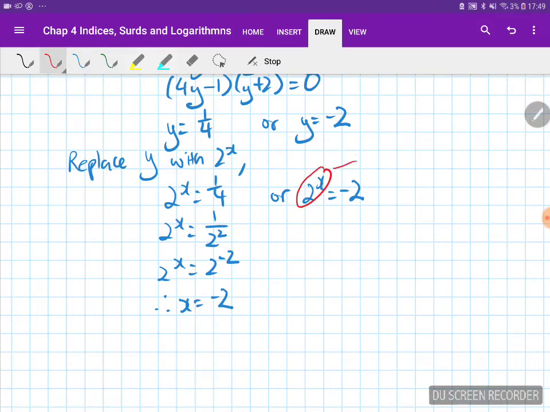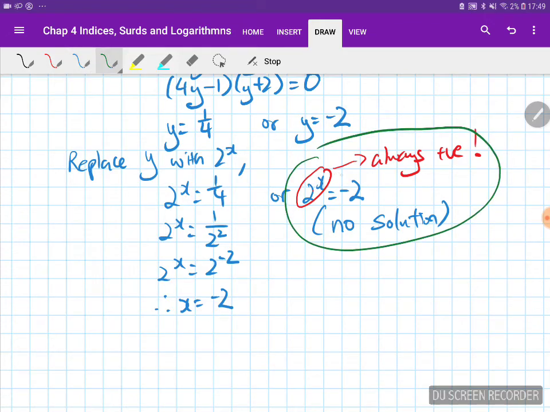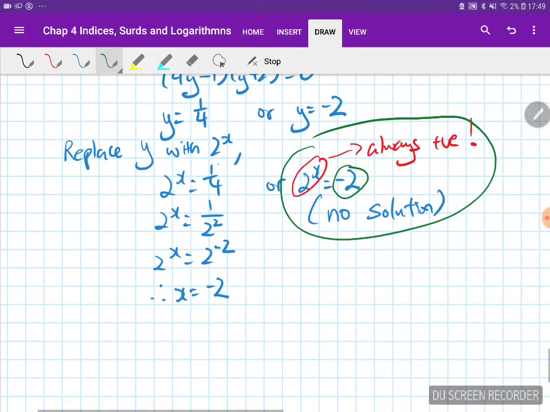Then for this, 2 to the power of any number, if you sub in any value of x into your calculator, it will always be positive. It's always a positive number. So if 2 to the power of x is always positive, it can't equal -2, which means there's actually no solution for x. So for this particular value there is no solution, but for this particular value 1/4 there is a solution of x equals -2.